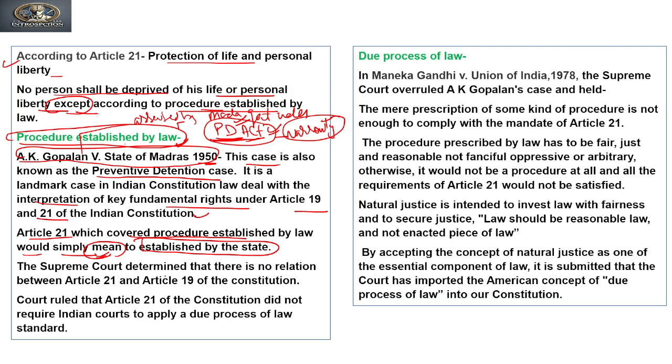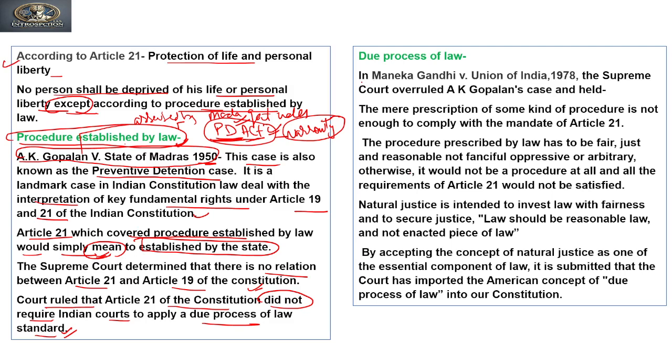The Supreme Court determined that there is no relation between Article 21 and Article 19 of the Constitution. The court ruled that Article 21 did not require Indian courts to apply a due process of law standard. So this was a narrow interpretation of procedure established by law.